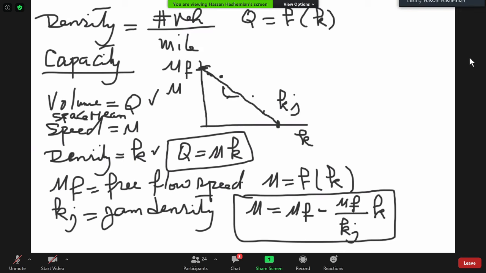You remember we had two types of speed. The space mean speed times the density. Now, if I know that, how do I find Q as a function of K?